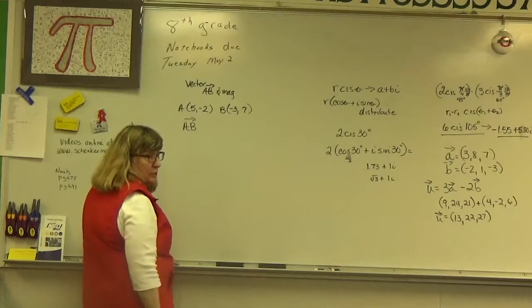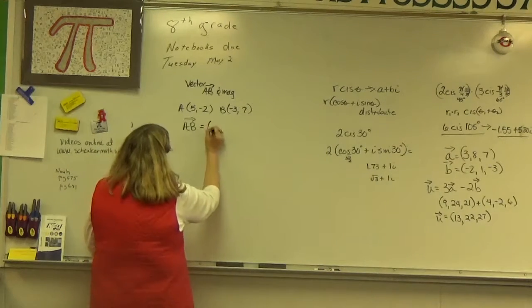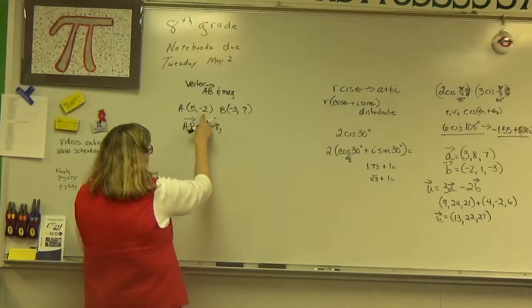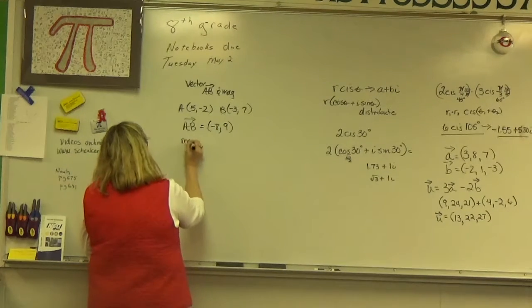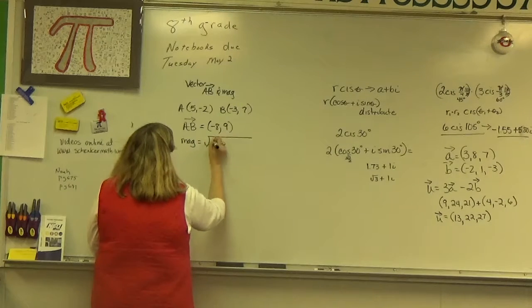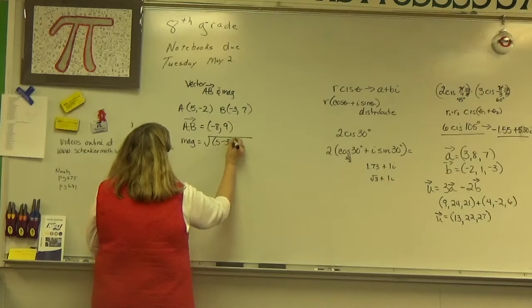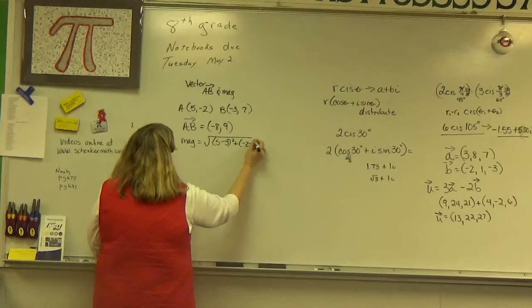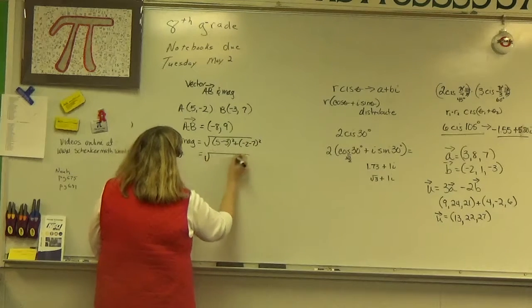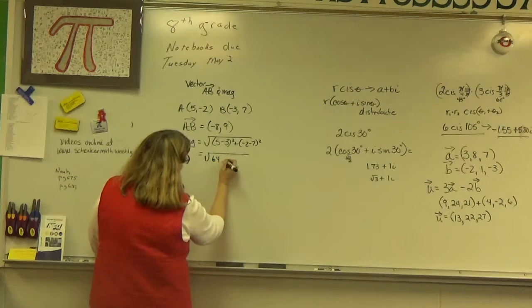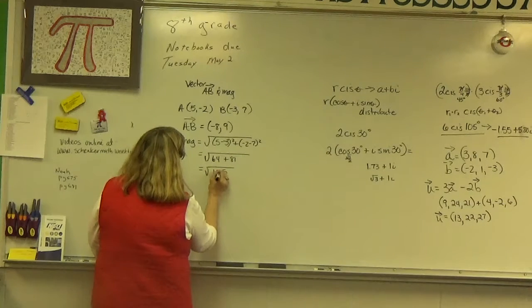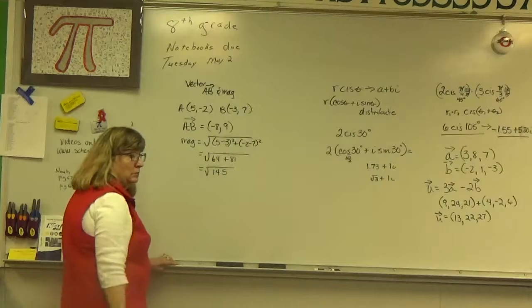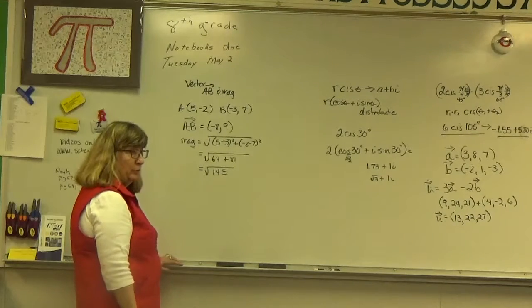Remember, it's always the second one subtract the first one. 7 subtract negative 2 is 9. Magnitude is the distance formula. So I get 8 squared and negative 9 squared, so 145. Is everybody agreeable there?